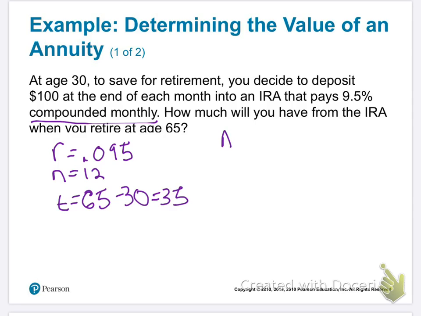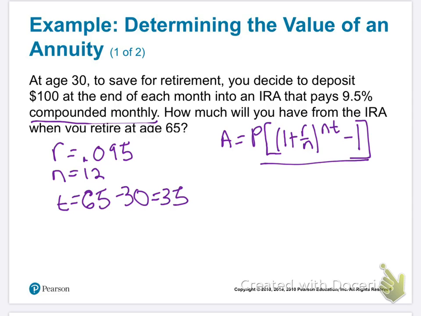So I'm going to use that formula, A equals P times (1 plus r over n) to the nt, minus 1, all over r over n. So we want to find the value of our annuity.